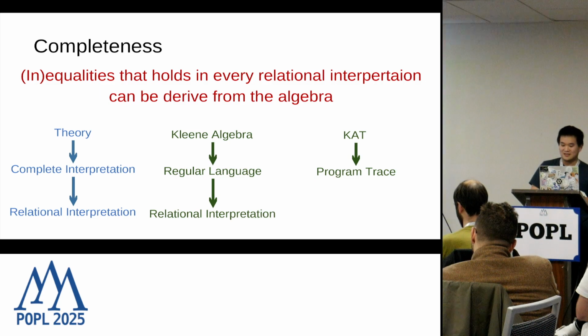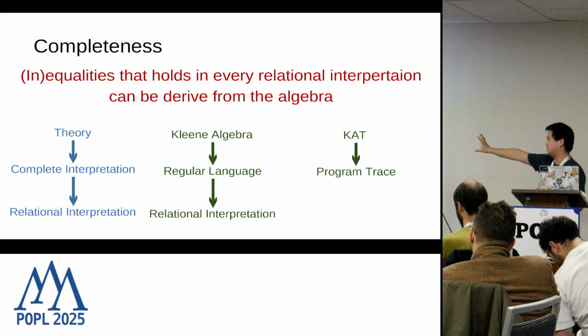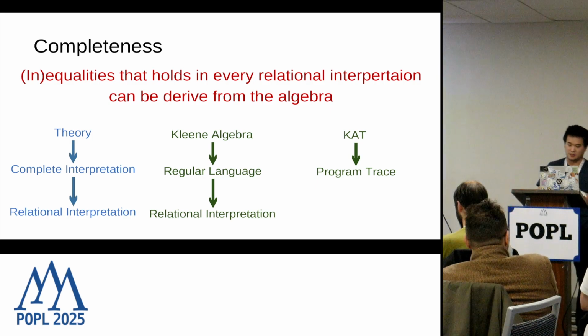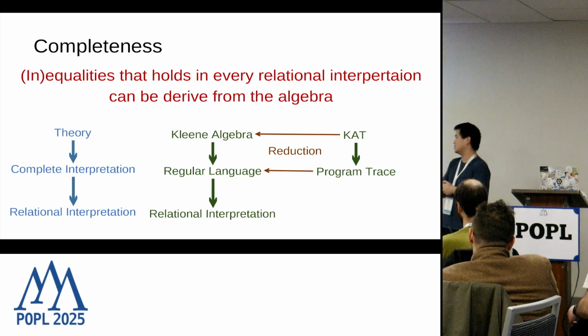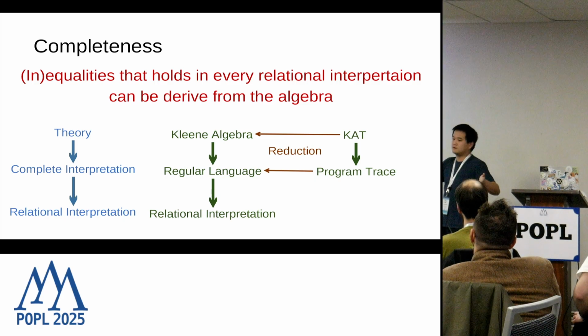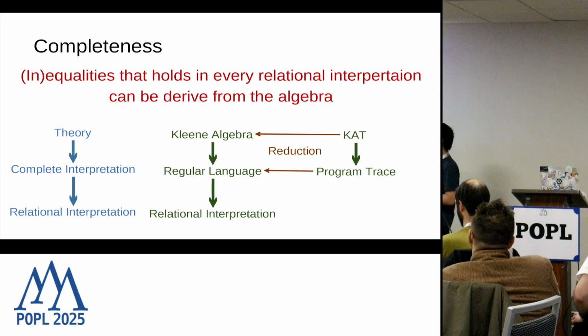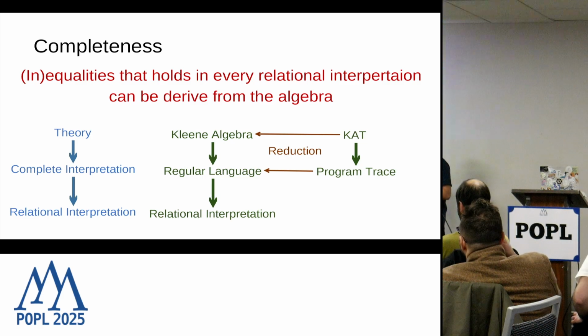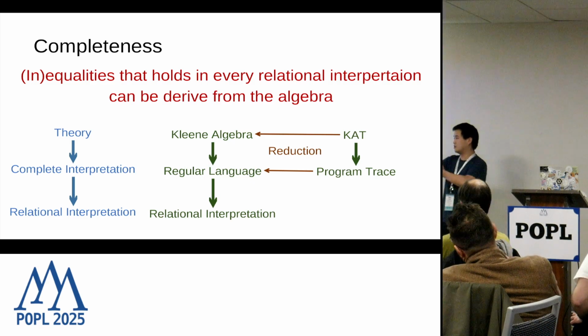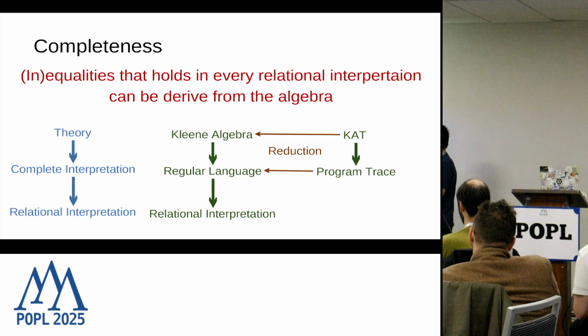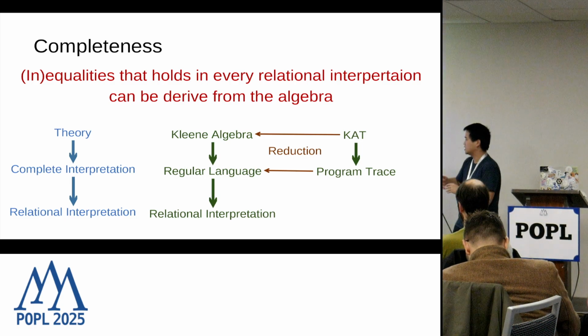Why is it this fast, whereas the completeness of Kleene algebra took like 20 years? It's because they used something called a reduction technique. Instead of proving everything from scratch, it reduces the completeness of program traces to the completeness of regular languages. In this way, people don't need to prove completeness of program traces from scratch.